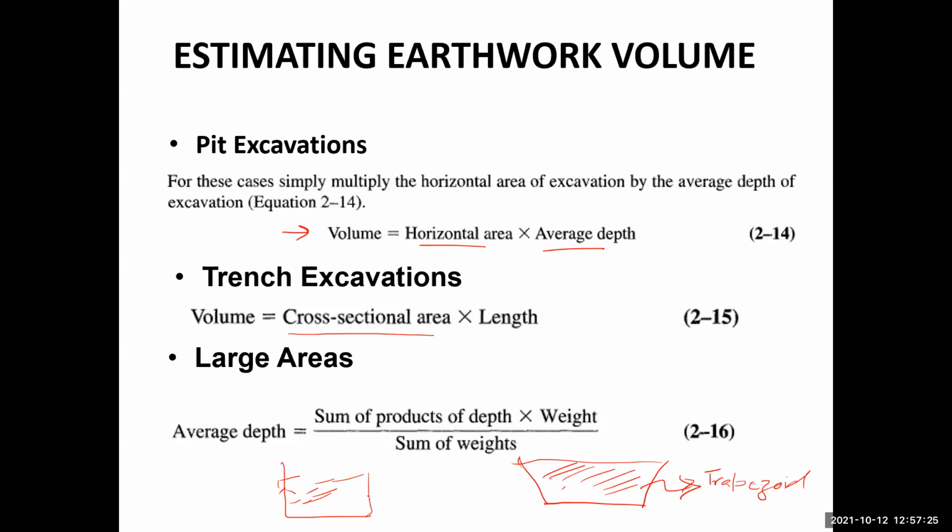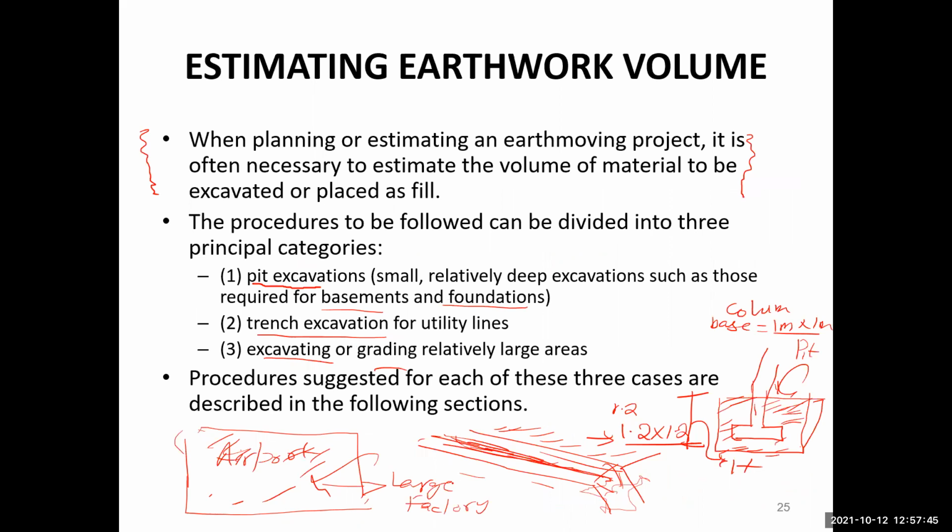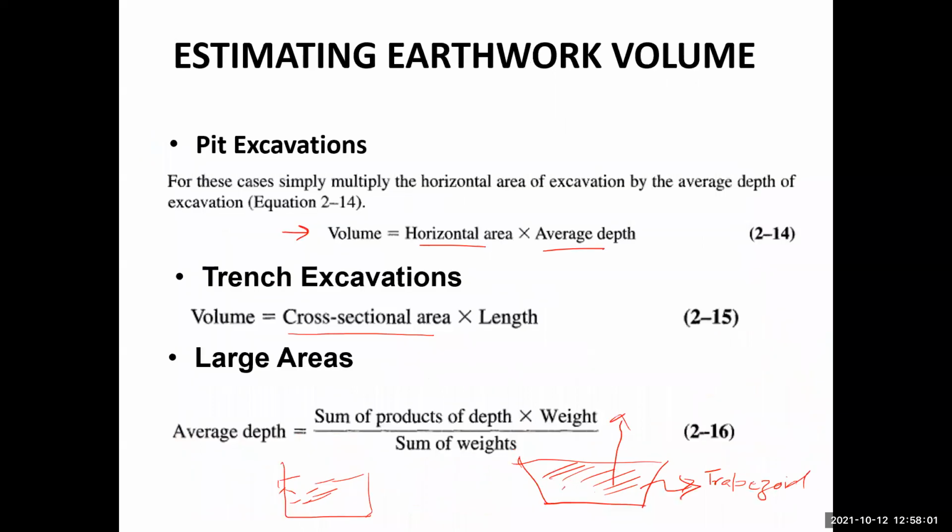But of course, side supports will also have to be provided. So the cross-sectional area is multiplied by the length, which is along the inside of the plane of this paper. So with length L, cross-sectional area times the length is the volume of the excavation in the form of trenches.